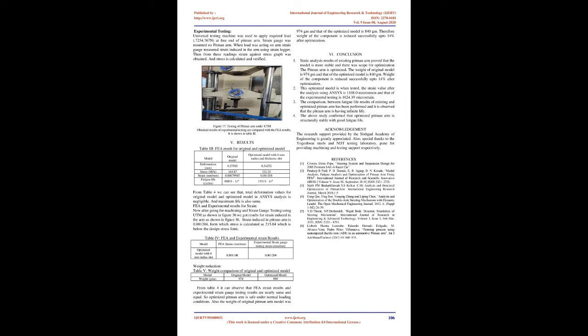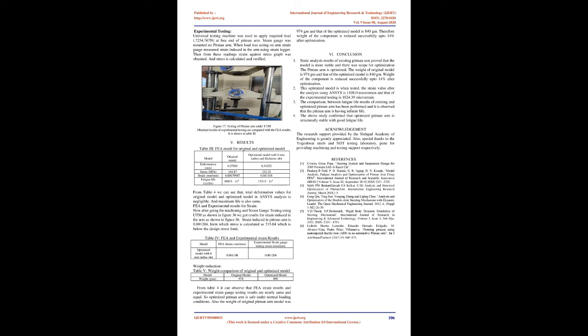From Table 4 it can be observed that the FEA strain results and experimental strain gauge testing results are nearly the same. So the optimized Pitman Arm is safe under normal loading conditions. Also, the weight of the original Pitman Arm model was 974 gm and that of the optimized model is 840 gm. Therefore, the weight of the component is reduced successfully by up to 14% after optimization.